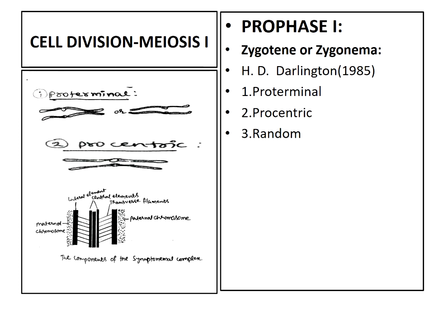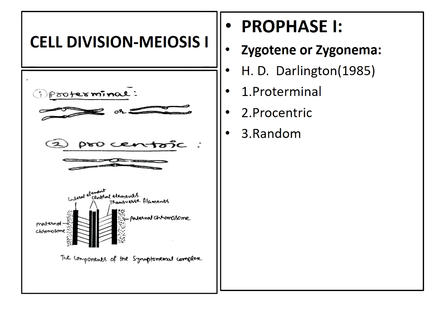Homologous chromosomes from the paternal side and the maternal side come together and are arranged in pairs. The process of pairing of homologous paternal and maternal chromosomes is called synapsis.